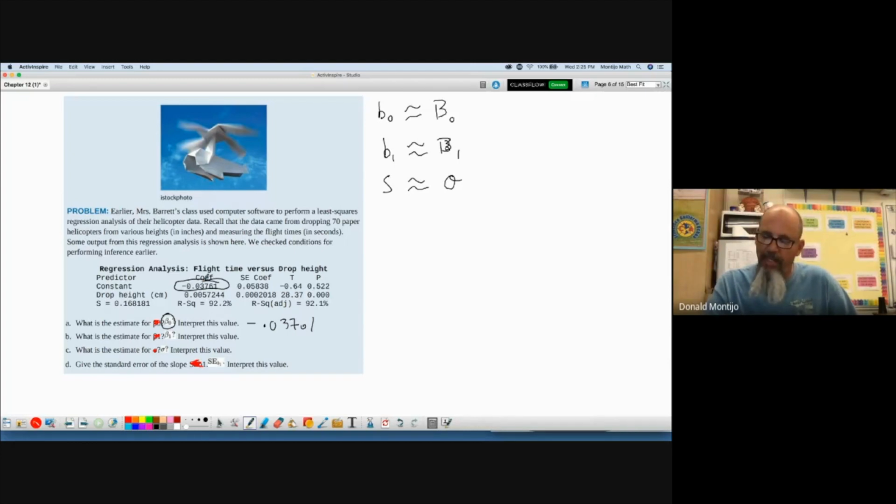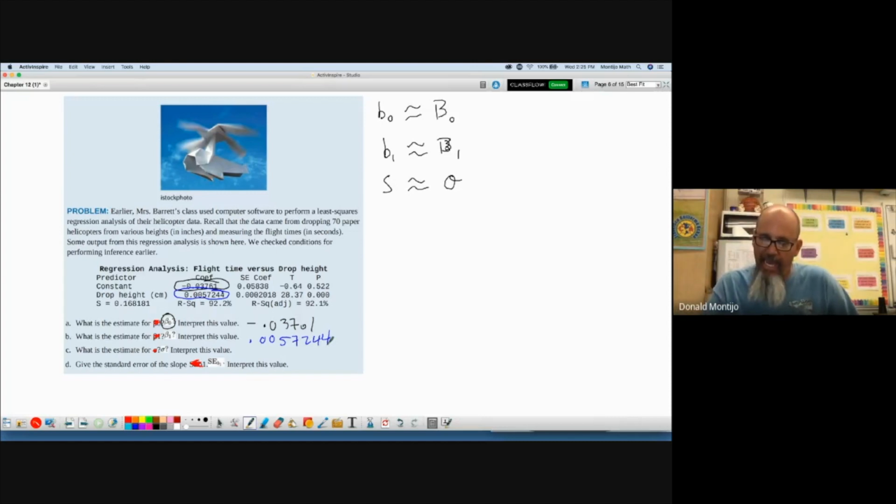How do I estimate the true slope of the regression line? I use the sample slope that I found from this regression line. So 0.005724 is my estimate for beta 1.